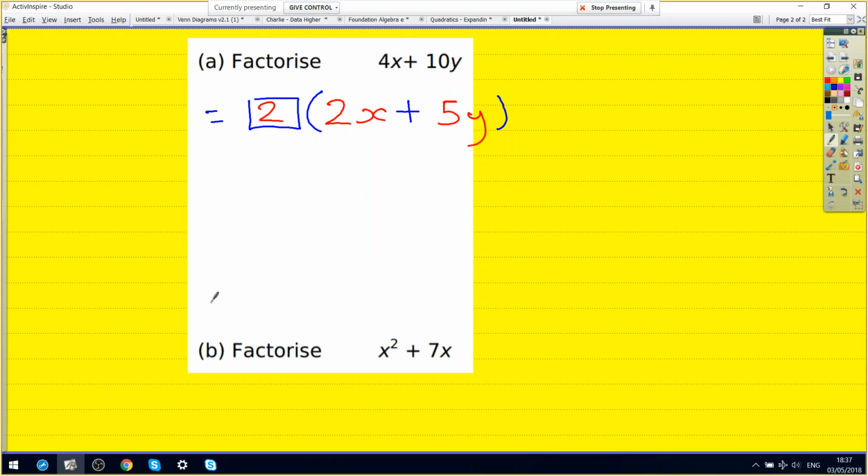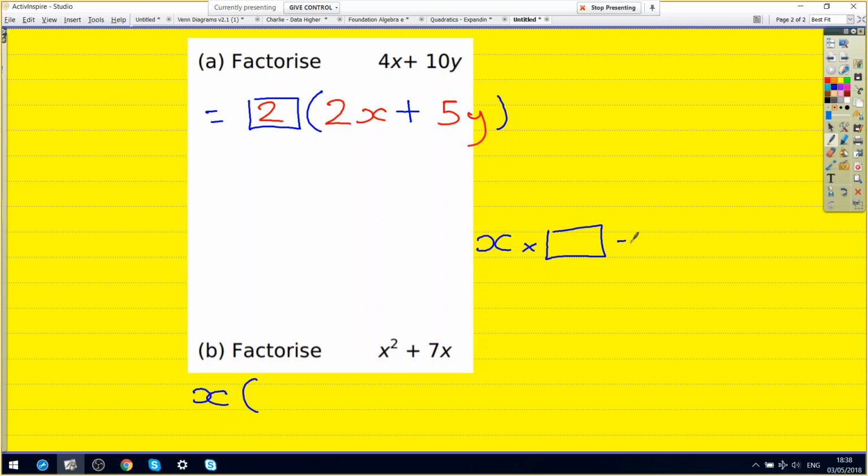Last bit would be x, no. Yeah, they both have x in common. Then would it be x squared? Well, x times 2x would give you 2x squared. So x times what gives x squared? 2? No, 1?